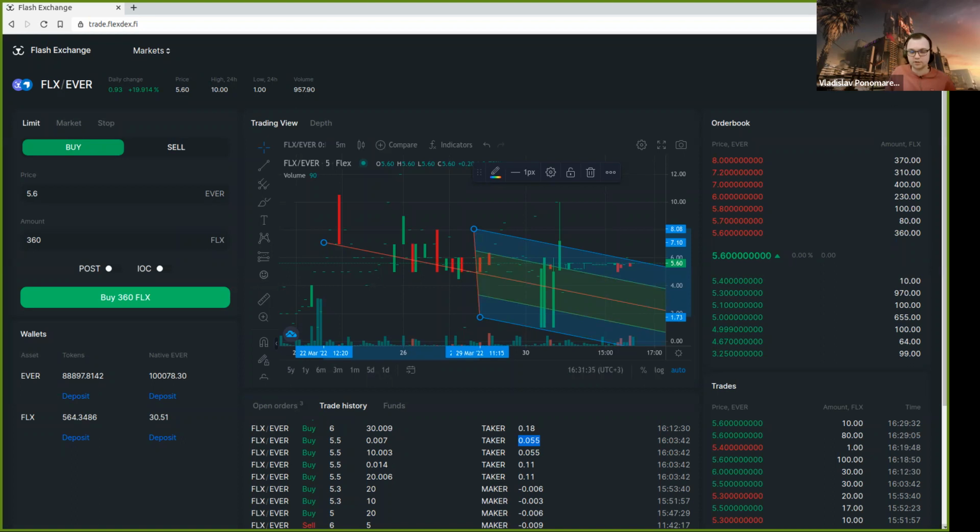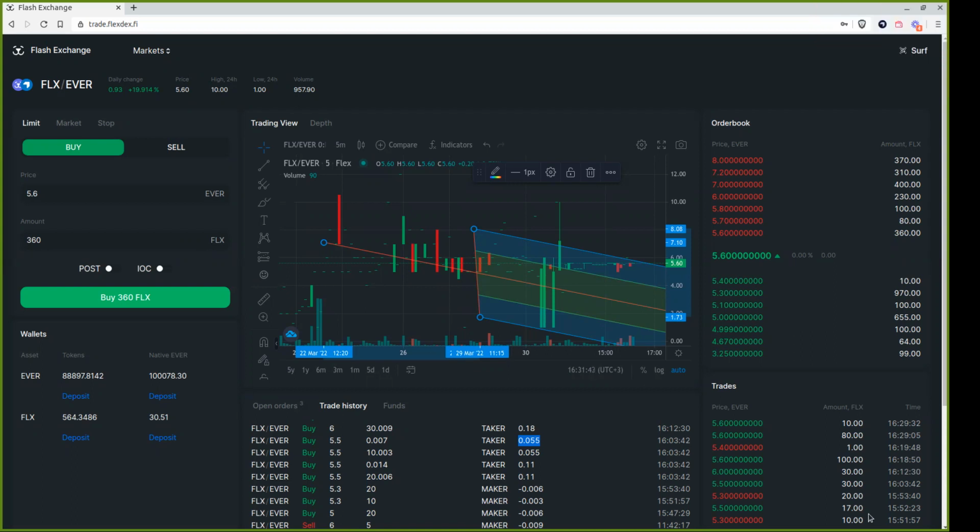Okay. And when do you think you will be able to launch the DAO? What is the plan? We are going to launch the DAO quite soon, because the FLX token is already on sale to some investors, but not physically available yet.